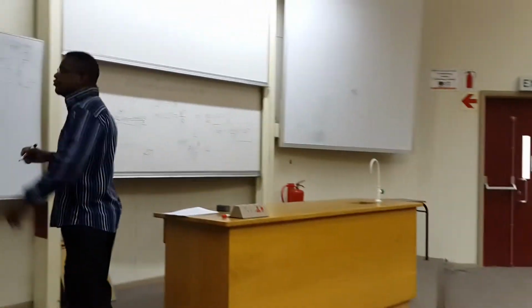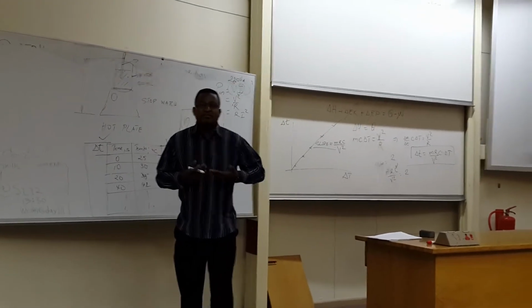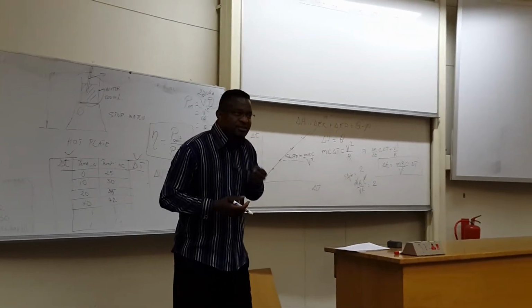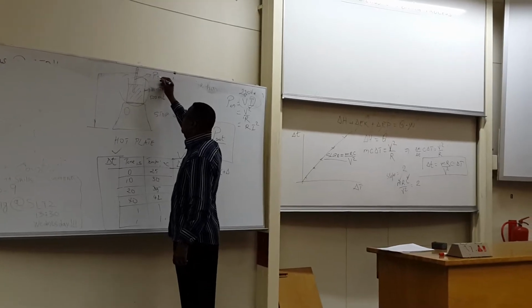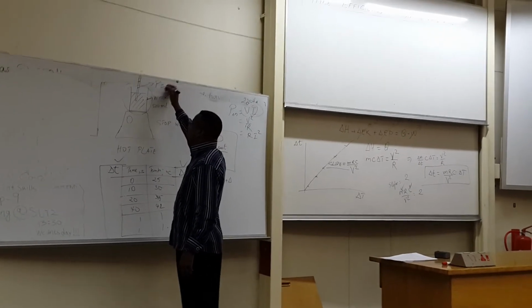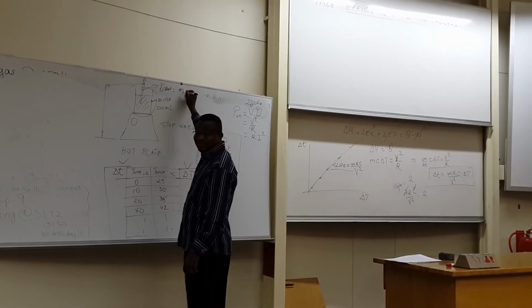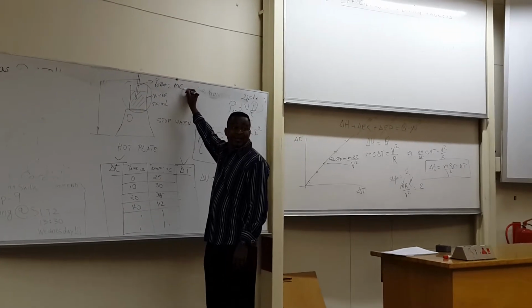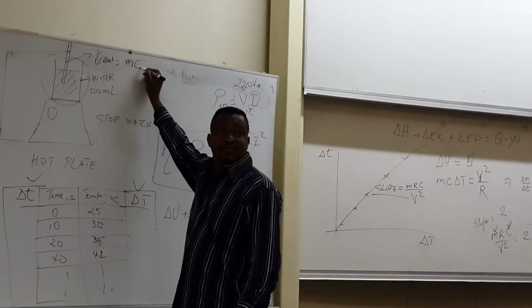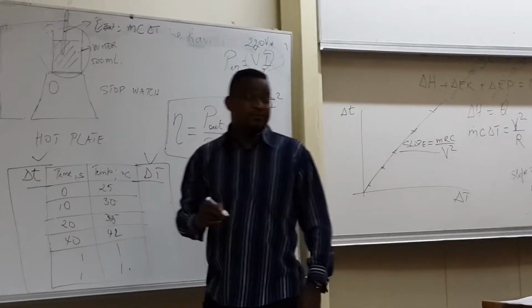When you are heating up a solution, you can determine the energy used by the system by saying P out, or the energy out, is equal to the mass of the substance used times the heat capacity of the substance, times delta T.